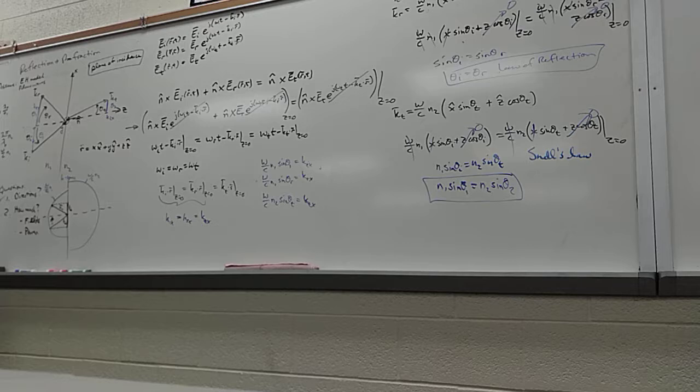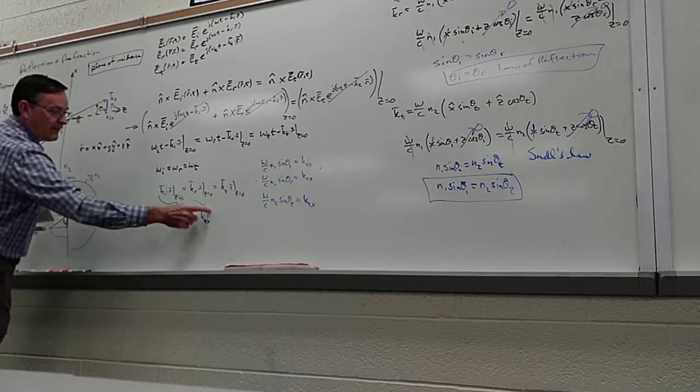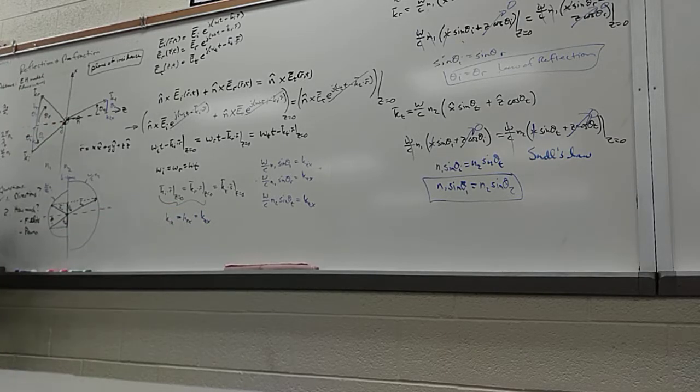So I can just graphically figure out what direction my reflected wave is. But I could also drop a perpendicular over here and graphically figure out what k_T is. Does that make sense? All operating on the basis of that fact. And that is a wave vector diagram.